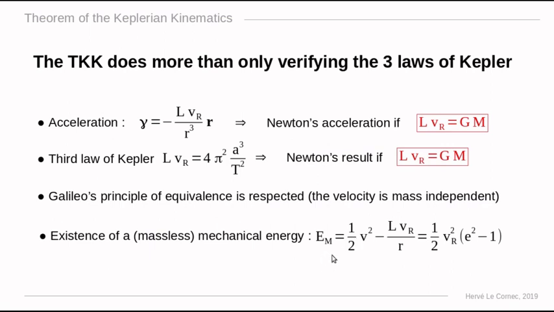Finally, also note that calculating the square of the velocity from the theorem, it is easy to define a massless mechanical energy fully compatible with the one described in classical mechanics. Actually, if you multiply this expression by the mass of the orbiter, you will get its classical mechanical energy.